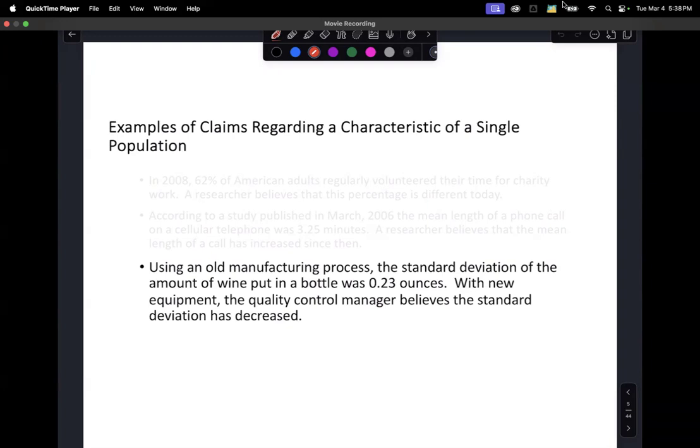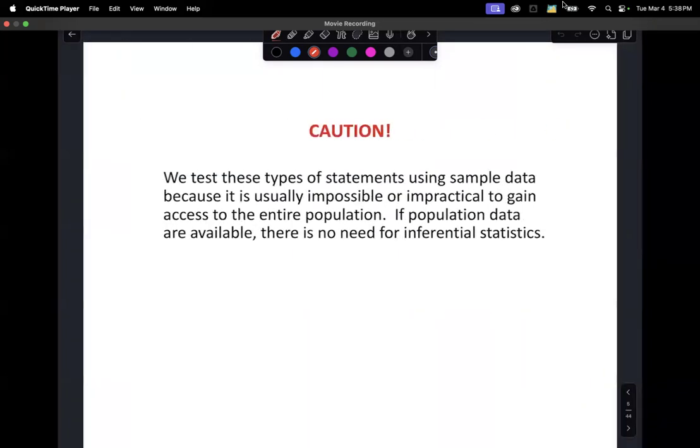We are not going to be writing hypotheses regarding standard deviation. There might be some to write for 10.1 in your homework, but we aren't going to be doing math for standard deviations. We'll only be doing means and proportions, but you might have to do a setup of one with standard deviation. I can't remember.